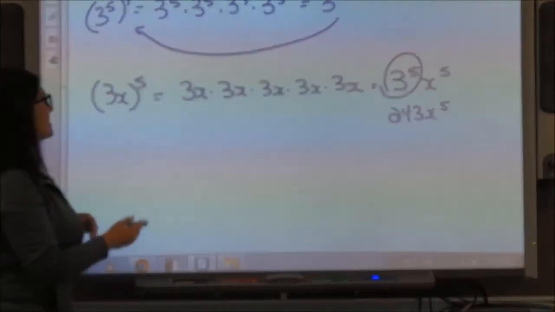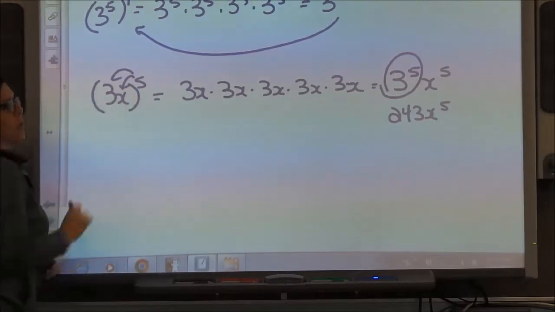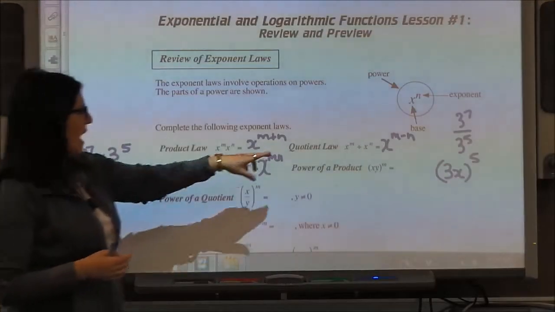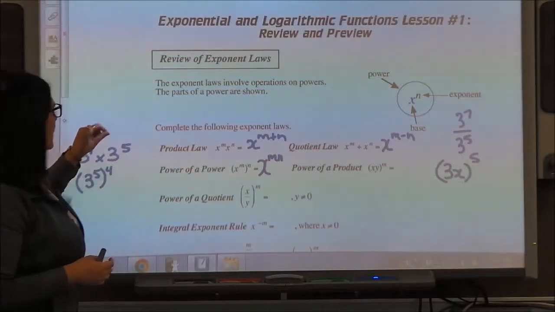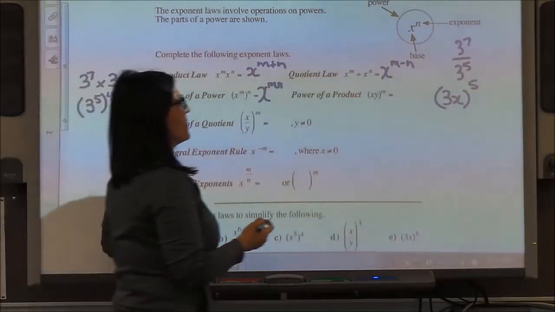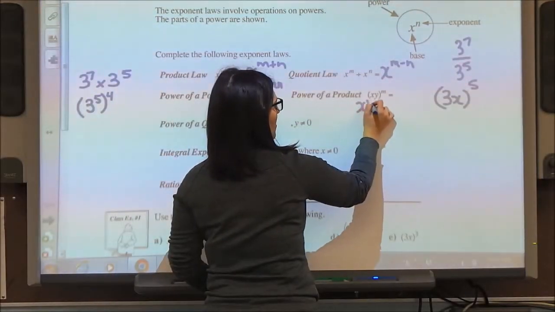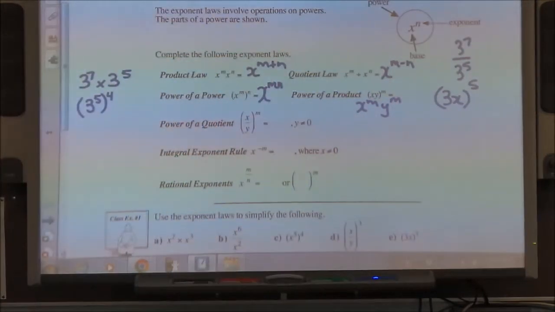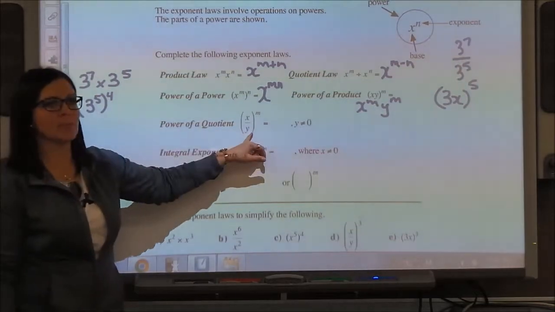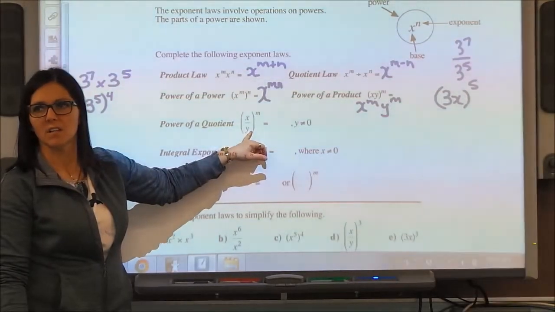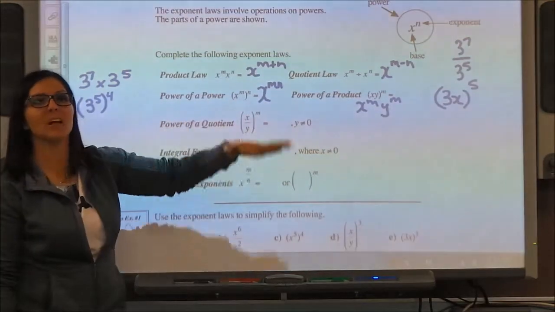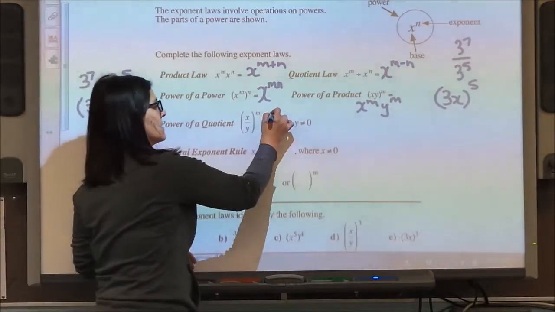But what it means is this 5 is going to both parts inside the bracket. So my x times y to the power of m would become x to the power of m times y to the power of m. And the same thing happens with a quotient. So whatever's inside the brackets, the exponent applies to everything inside the brackets.